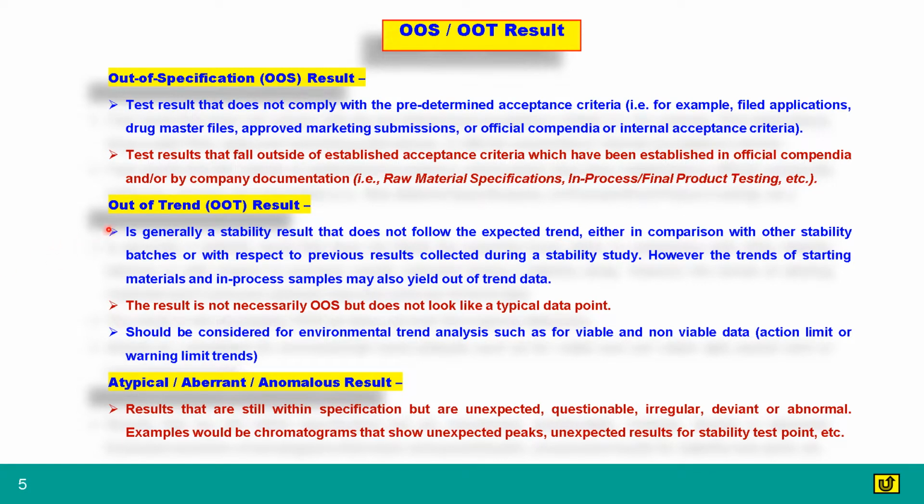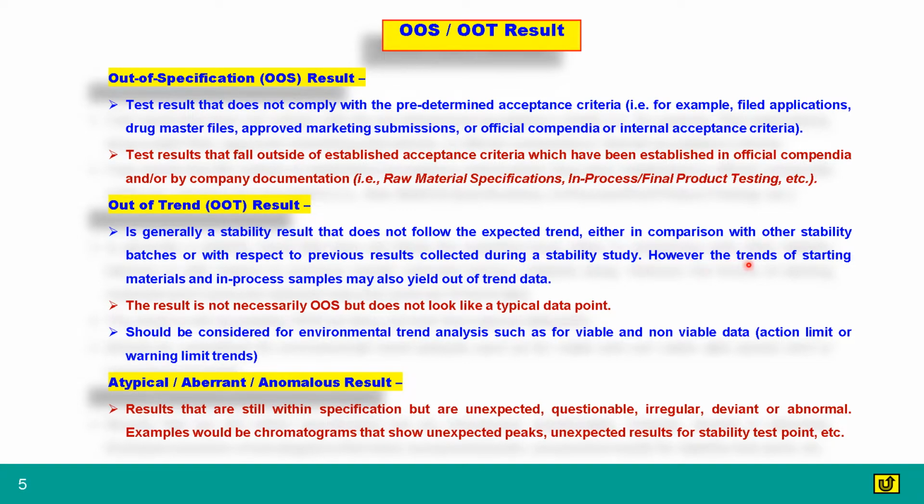Out of trend, OOT, result is generally a stability result that does not follow the expected trend, either in comparison with other stability batches, or with respect to previous results collected during a stability study.